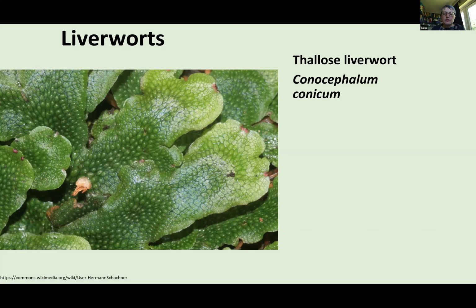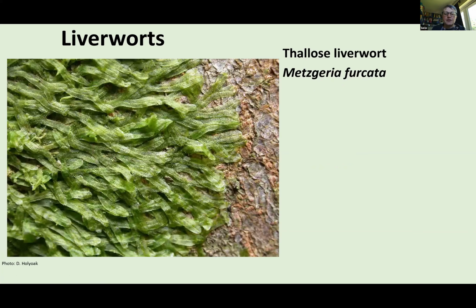We've just seen Conocephalum has a very, very thick thallus. We'll now look at Metzgeria, which is another thallus liverwort, but the size and the shape of the thallus is completely different. It's very, very thin, one cell thick, and instead of polygonal markings it has a midrib in the middle.